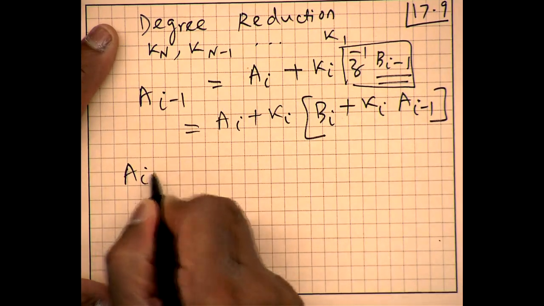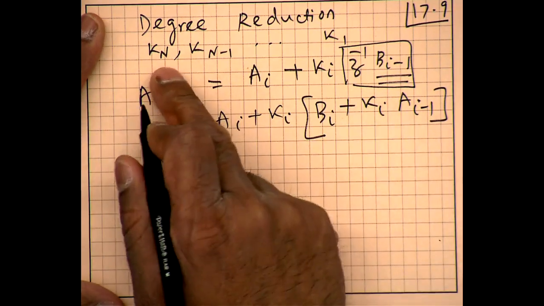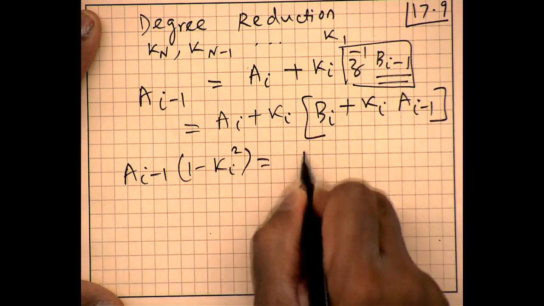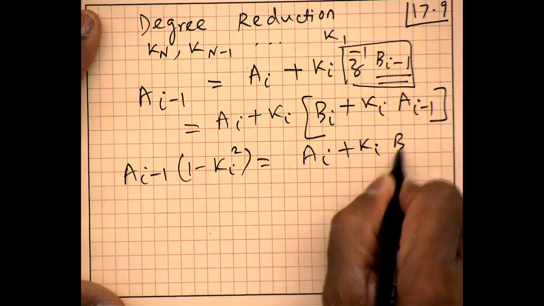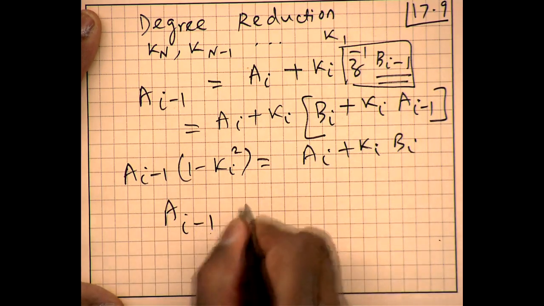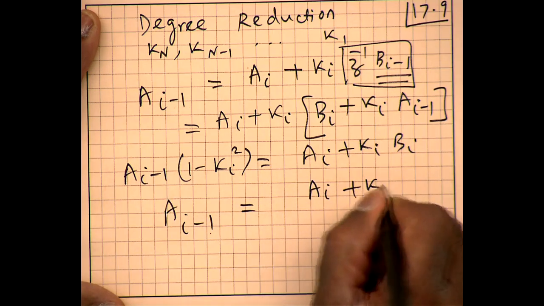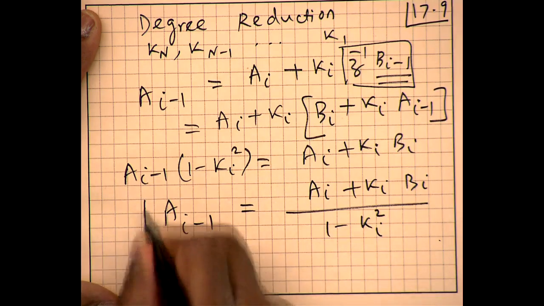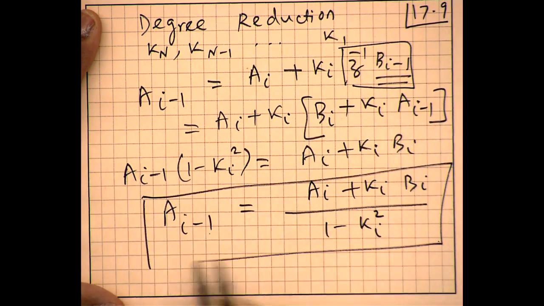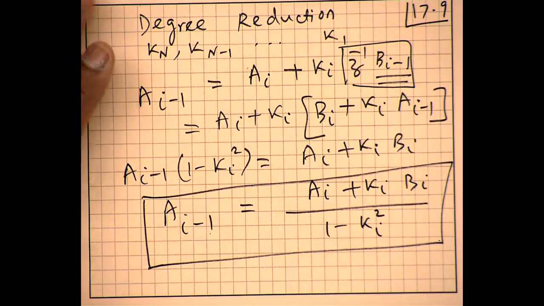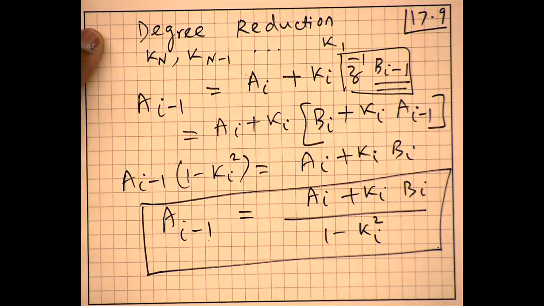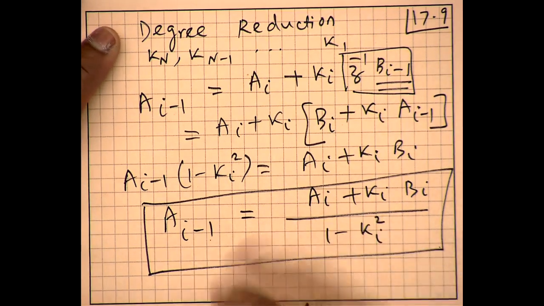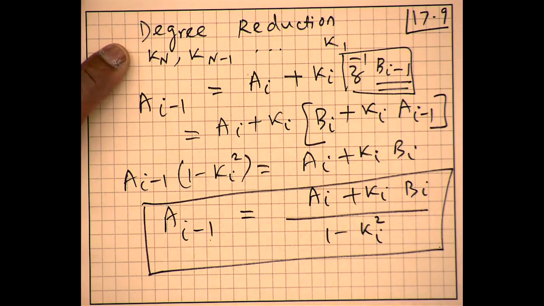I can bring this Ai minus 1 to the left side, Ki times Ki is Ki squared, so it is equal to Ai plus Ki Bi, and that then says Ai minus 1 is Ai plus Ki Bi divided by 1 minus Ki squared. So that is our degree reduction process, and so we are done. Given An, I can find An minus 1 by keep reducing the degree of this one by one.